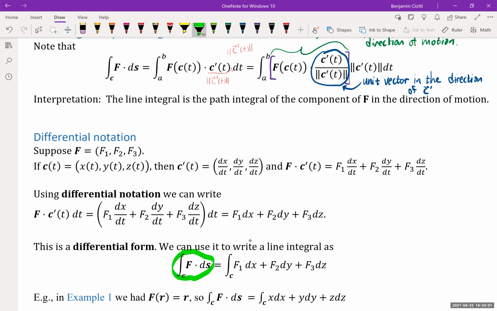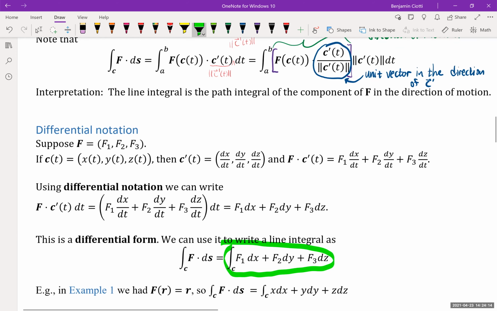So using differential notation, a line integral might be written like this. You'll see that occasionally in this class. Now you know what it means. So like, if I wanted to rewrite the line integral from example 1 using this notation, in example 1, F of r was r, which is x, y, z.